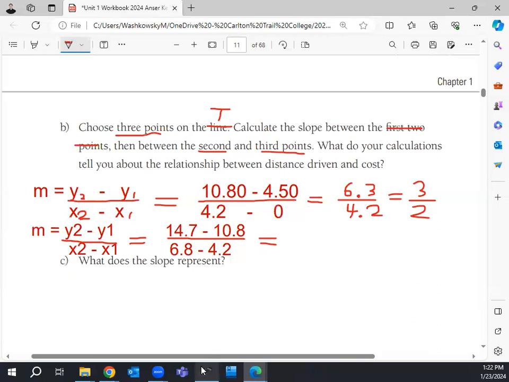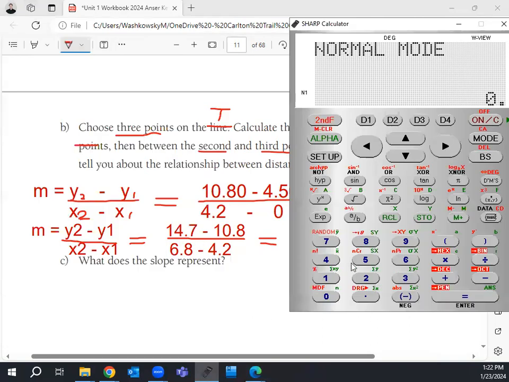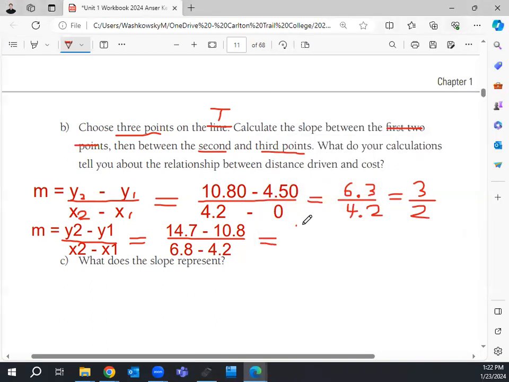So again, calculator can do the heavy lifting for you. It's going to be 3.9 on the top, divided by 2.6.